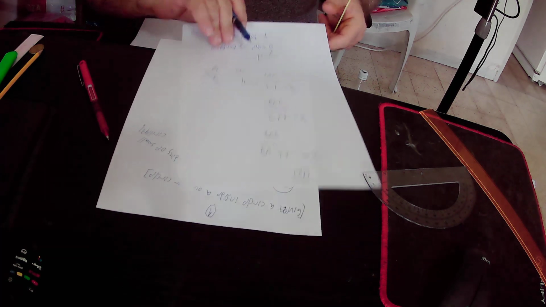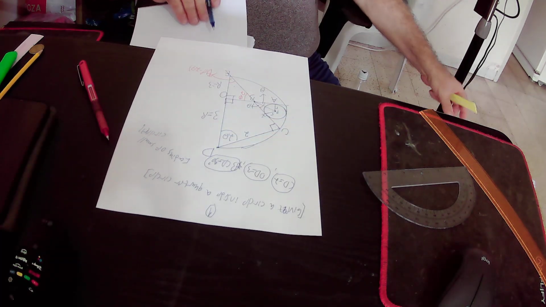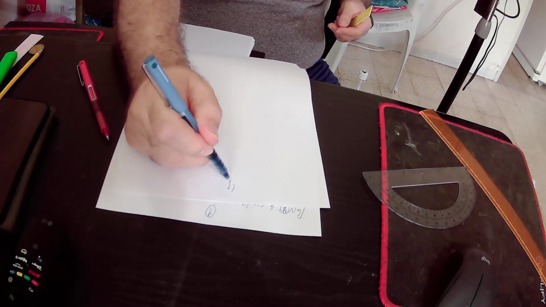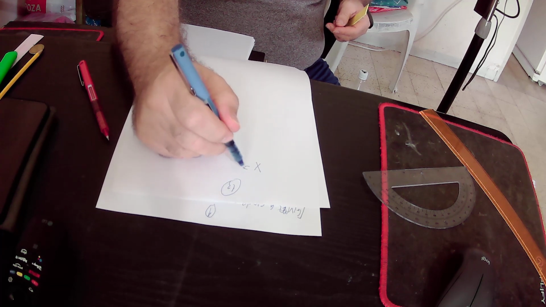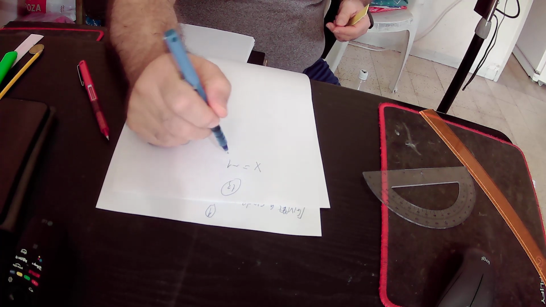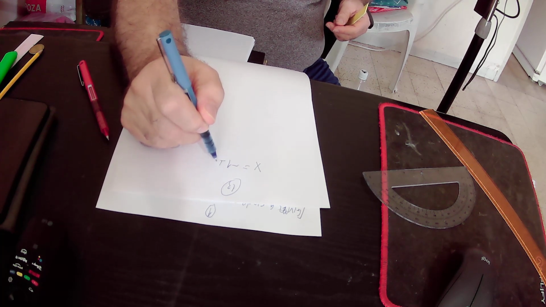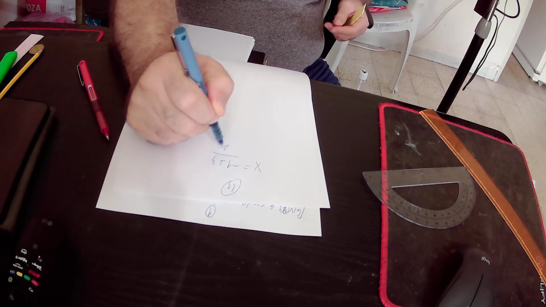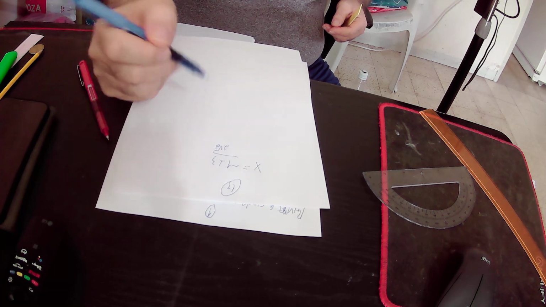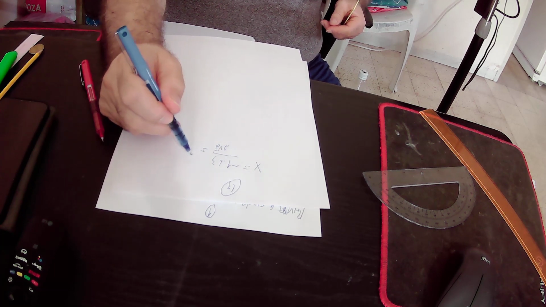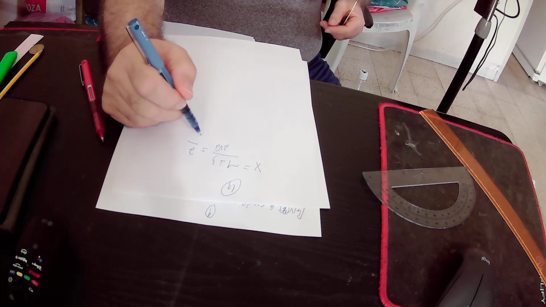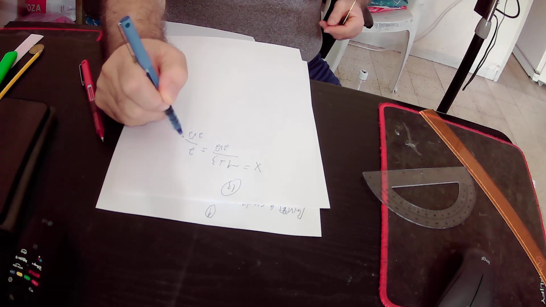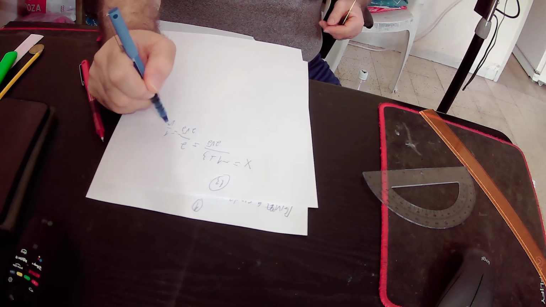So we are left only with the second solution, which states that x equals minus 1 plus 3 over 2 times root 2. So minus 1 plus 3 is 2, and 2 over 2 times root 2 equals 1 over root 2.